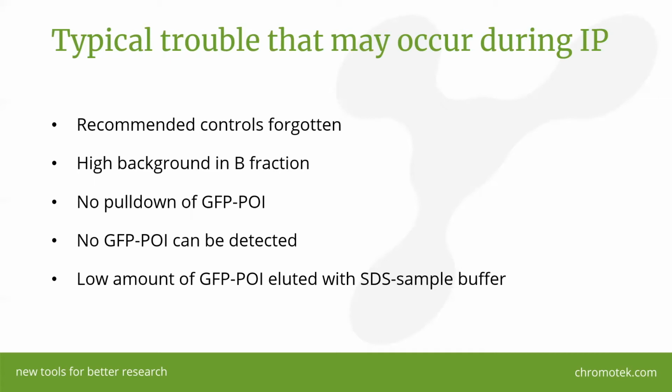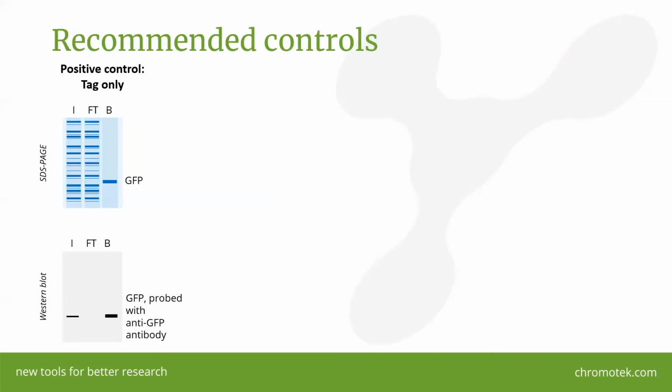Then we address the questions: what should I do if I face high background in the bound fraction, no pull down of GFP fusion protein, no GFP fusion protein can be detected, or what should I do if a low amount of GFP fusion protein is eluted with SDS sample buffer?